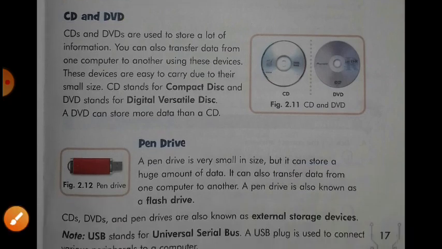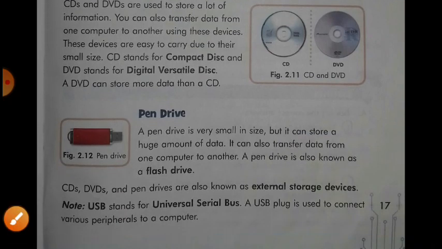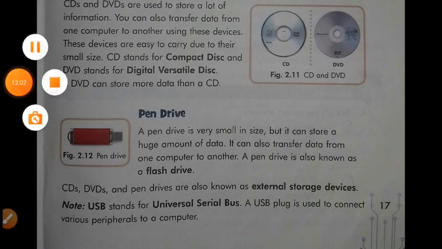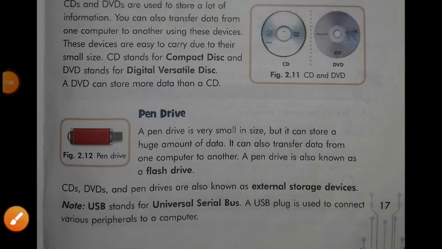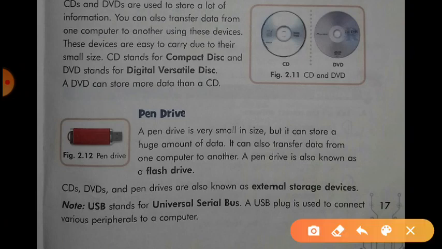Now come to the next topic, that is pen drive. Dear students, a pen drive is very small in size, but it can store a huge amount of data.